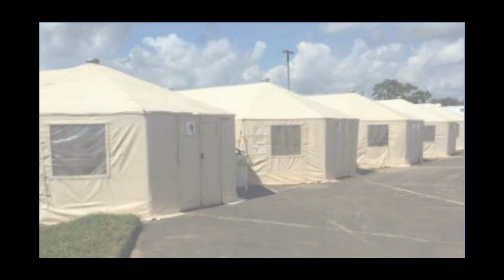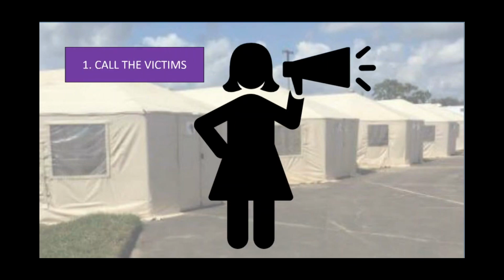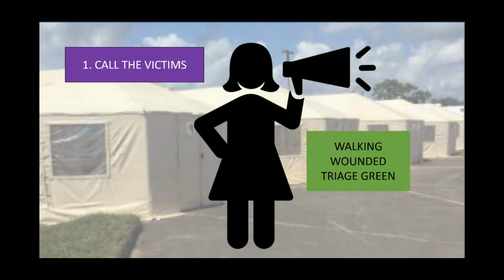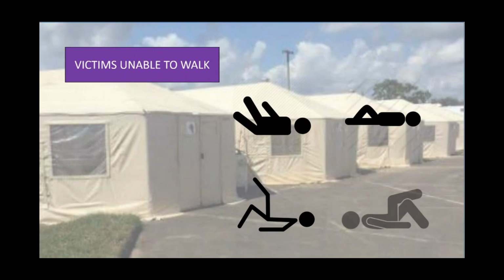When you arrive at the disaster scene, the first thing you need to do is to call the victims towards you. If the victims are able to walk, also known as the walking wounded, triage them as green. We are now left with victims who are unable to walk.